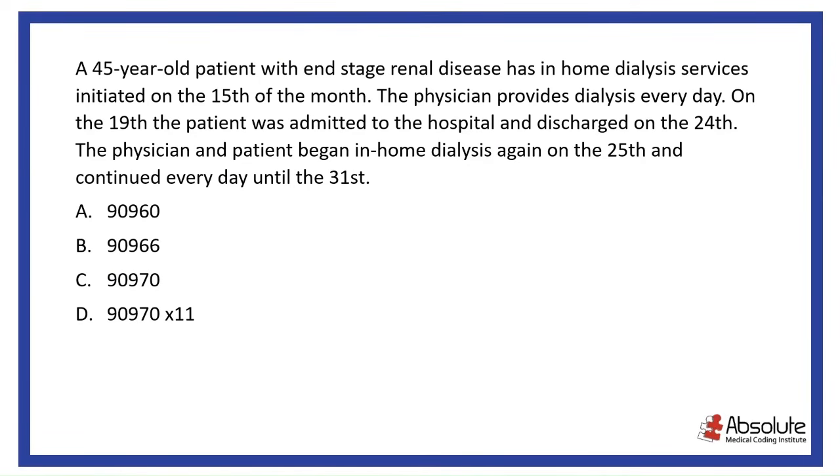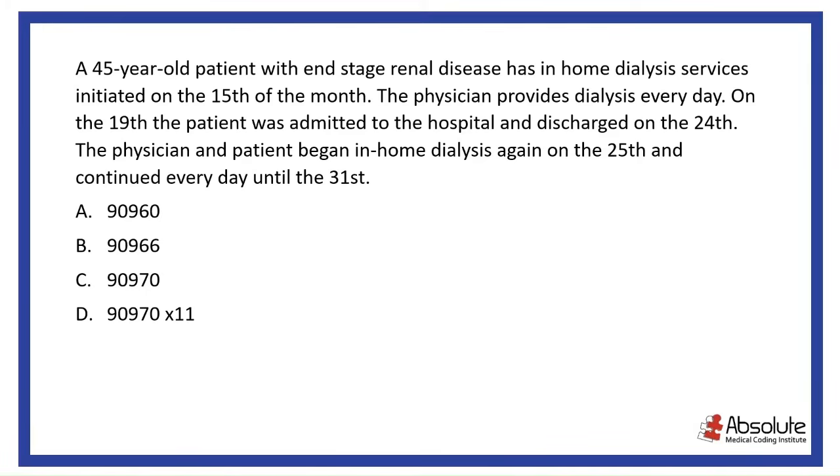Your options are option A 90960, option B 90966, option C 90970, option D 90970 times 11. A 45-year-old patient with end-stage renal disease has no home dialysis, and in-home dialysis services are initiated on the 15th of the month. The physician provides dialysis every day.